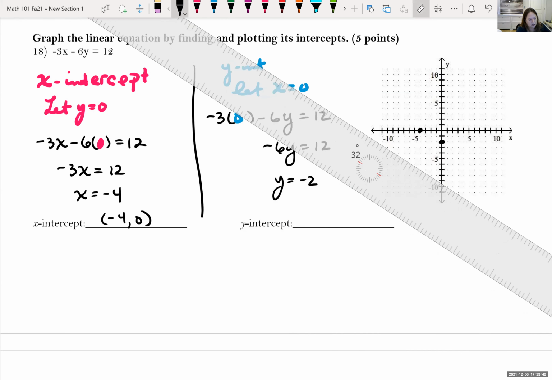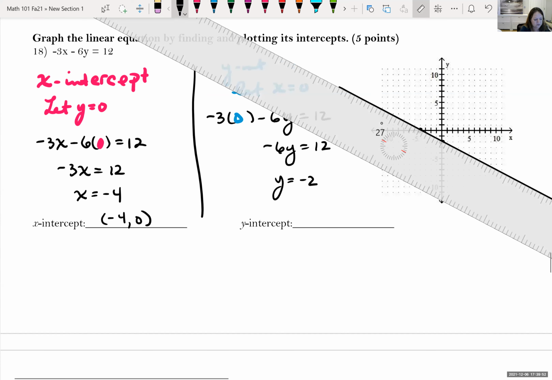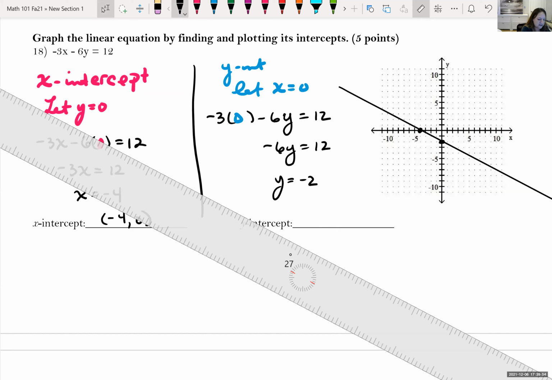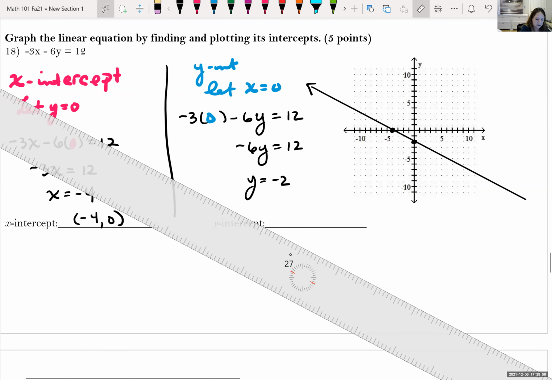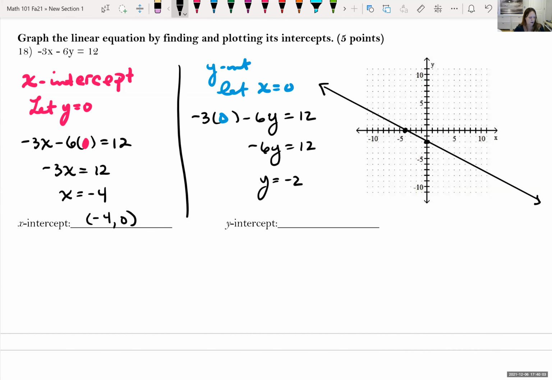And so plotting it, we get a line that looks like this. And our y-intercept was the point 0, -2.